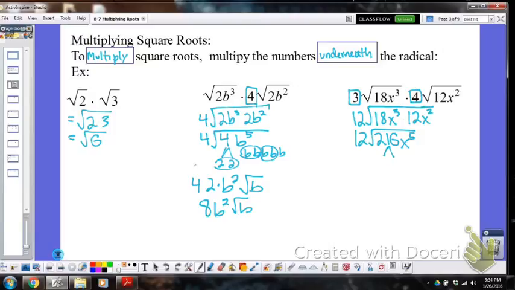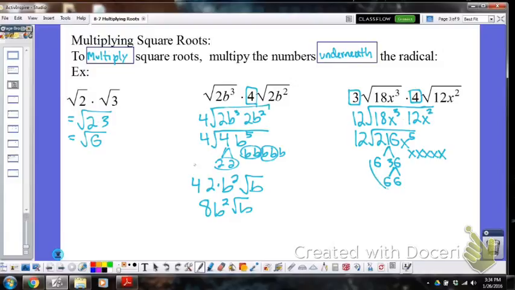216 will break up into 6 and 36. And we know that 36 will go into 6 and 6. And then x to the power of 5 is x 5 times. Remember, with square roots, we're looking for pairs.